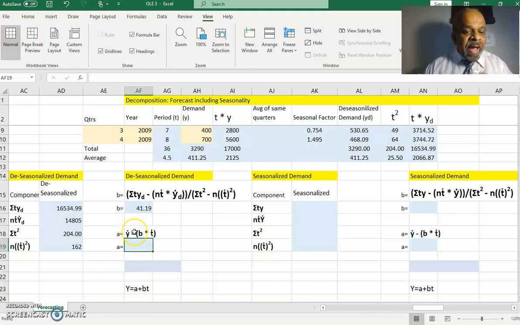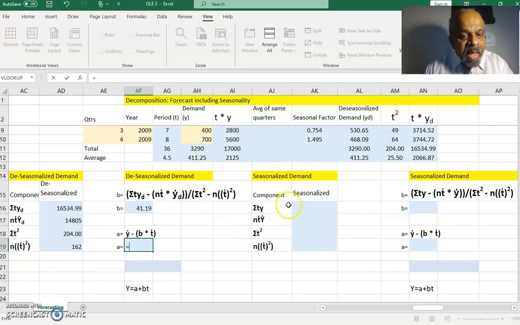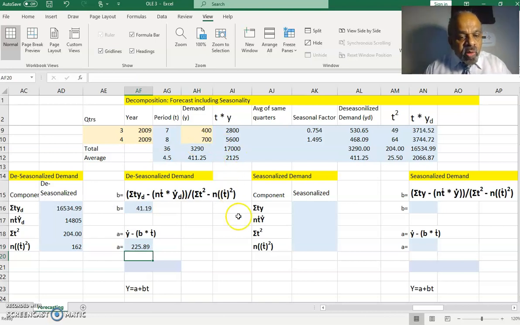What I'm going to do is take the averages to calculate A. My y average is not this demand, but the deseasonalized YD, which is 411.325. So A is the average of YD minus B, which is 41.19, times T average, which is 4.5, and that comes to 225.89.